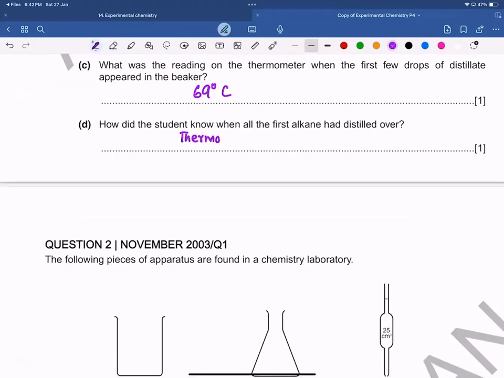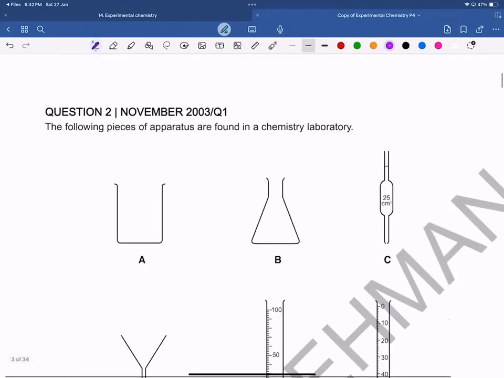Change means it can also be dropped, so that is an ambiguous answer, and the examiner doesn't accept an ambiguous answer. So the answer is: start rising. Is this clear? Okay.